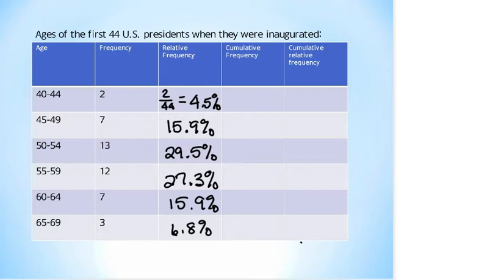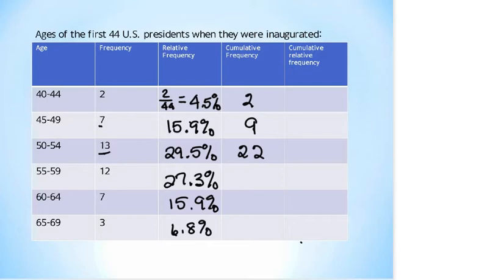Now, we want the cumulative relative frequency. The cumulative frequency. So we're going to take the frequency and we're going to start with 2. And then we see here we've got 7 more. So we're going to add the 2 plus the 7, so we get 9. Then we're going to add the 9 plus the 13 here, and we get 22. So in other words, we are accumulating. We're not just saying how much are in each group.